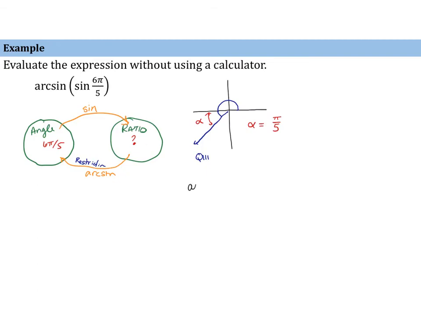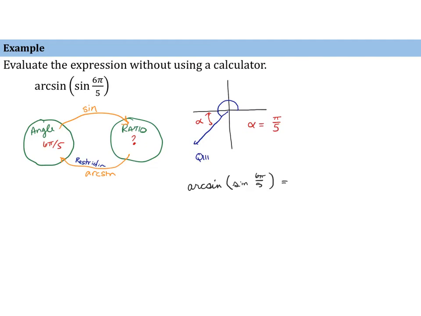Arc sine of sine of 6 pi over 5 is going to be related to the angle 6 pi over 5.